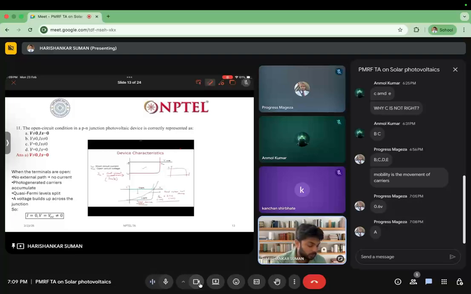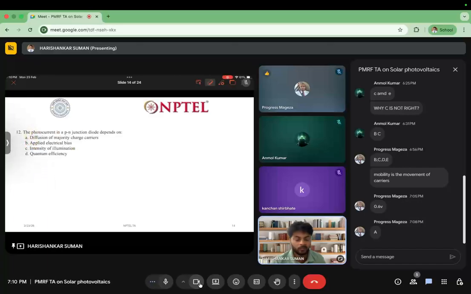So current is 0, but the voltage is the open circuit voltage. This is the condition for an open circuit device. Clear? Okay, thank you for your response.